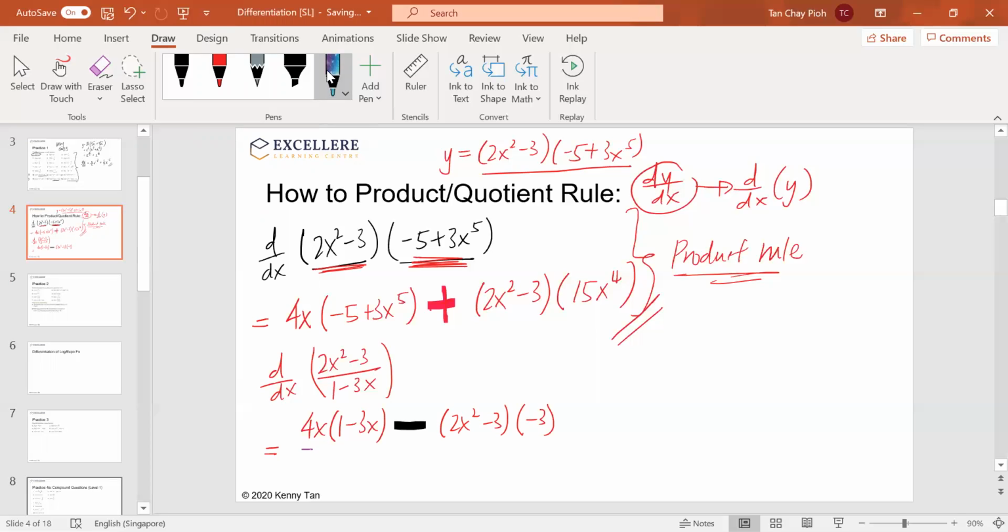Then we're going to divide by what? Divide by the denominator squared.